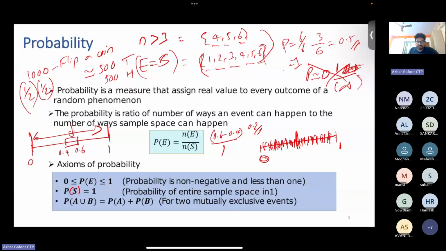Let's see what mutually exclusive events are. Let's say we are rolling a die. Again, we take that example.